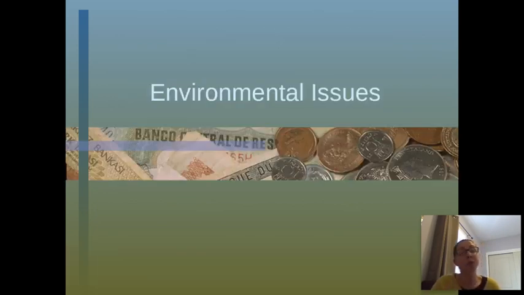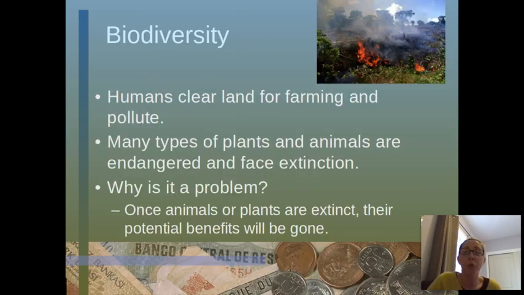But with all this new technology and advancements, we've also seen a lot of environmental issues in our lifetimes. So, biodiversity: what we see is that human beings have had a significant impact on their land. And part of that is we're clearing land to farm. This leads to increased production.